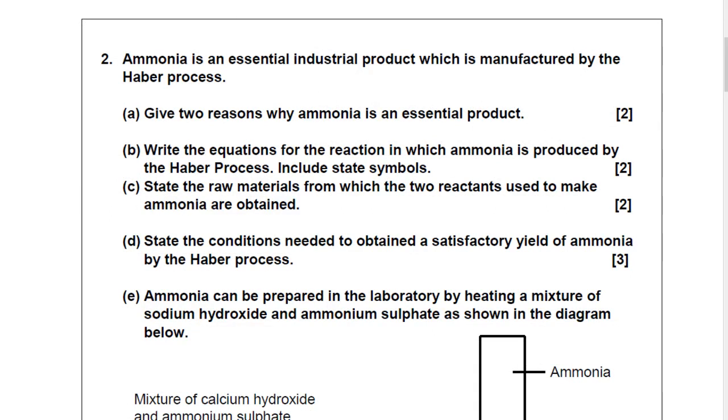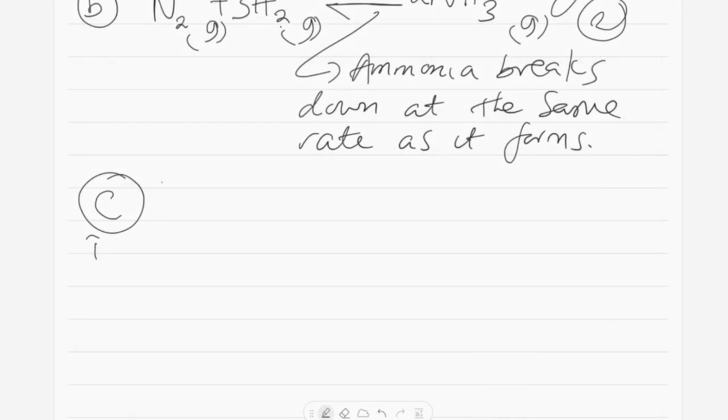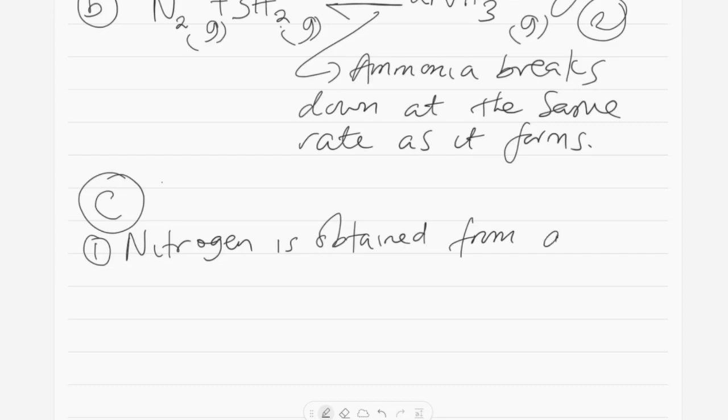State the raw materials from which the two reactants used to make ammonia are obtained. So the two reactants, we observe there that the first one is nitrogen. So nitrogen is obtained from air.